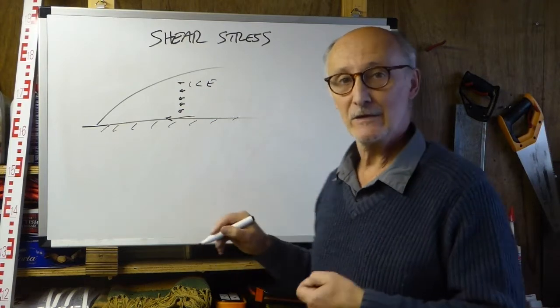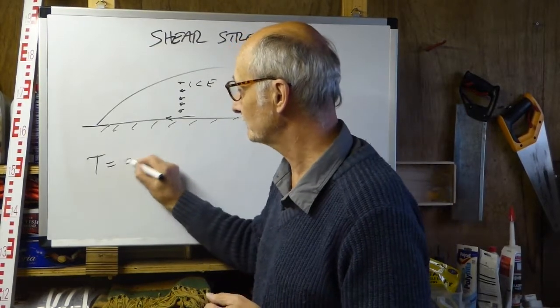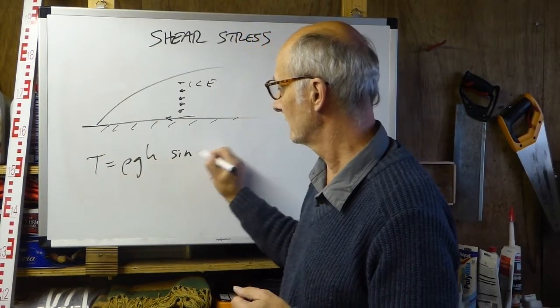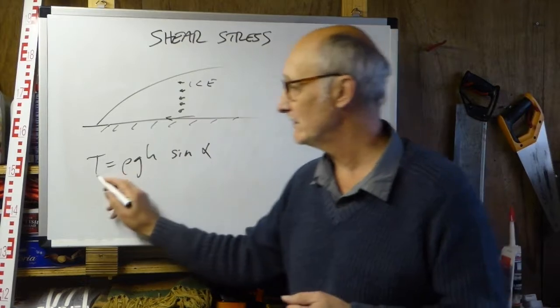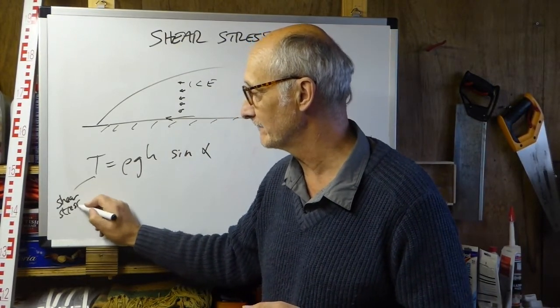And we can do that using a couple of very simple equations that I mentioned previously. The first one is the shear stress equation, where tau is the shear stress that we're trying to calculate.